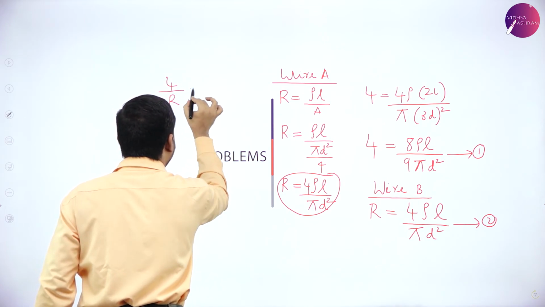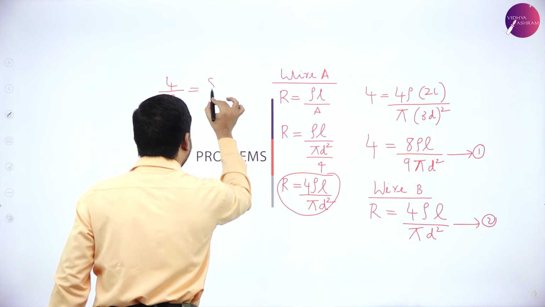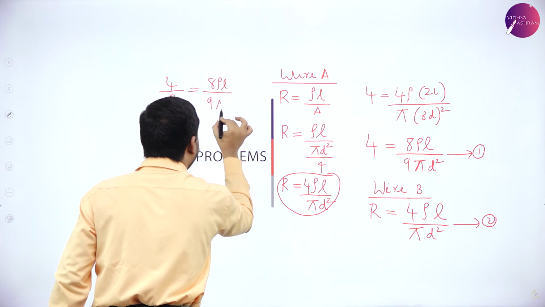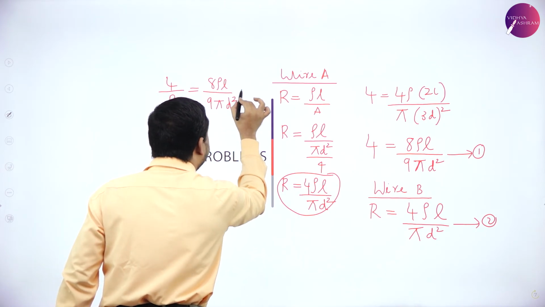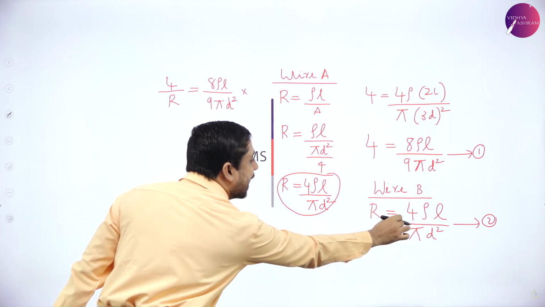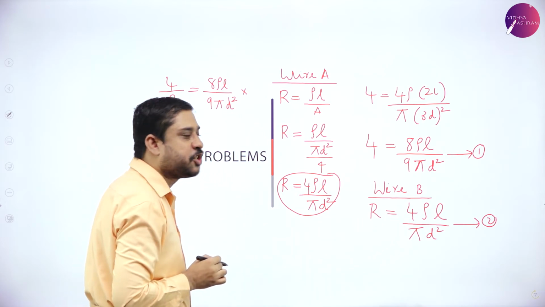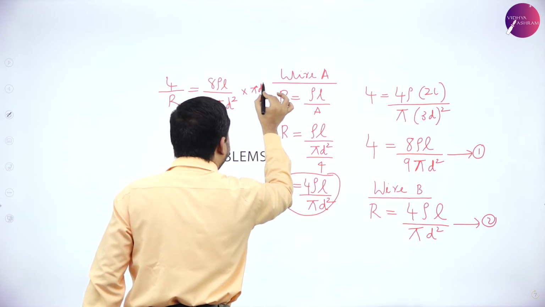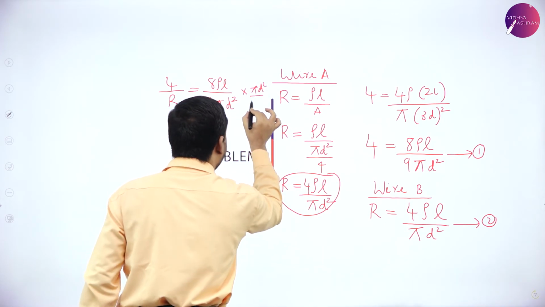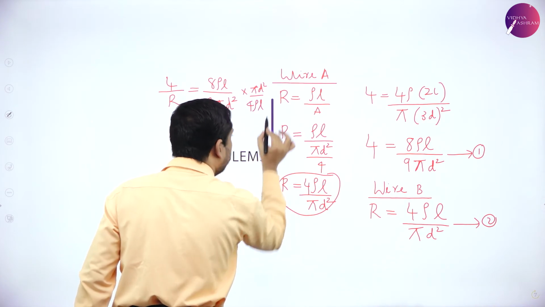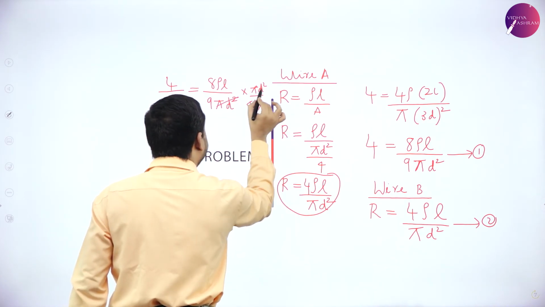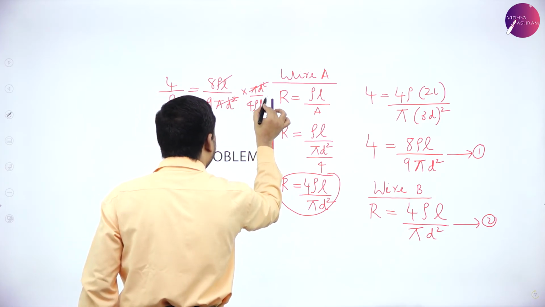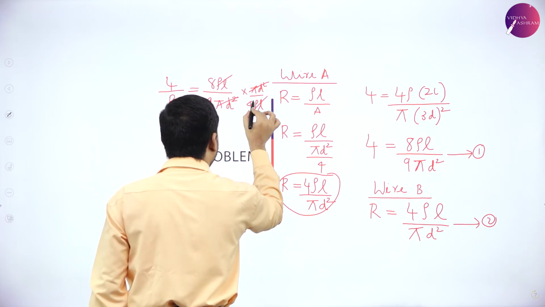4 by R equals 8 rho L divided by 9 pi d square. I take the reciprocal of the RHS of equation 2, pi d square divided by 4 rho L. Pi d square gets cancelled, rho L gets cancelled.